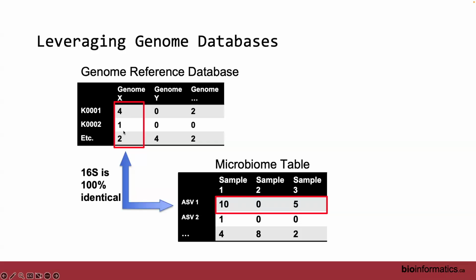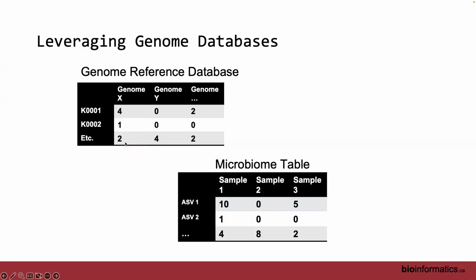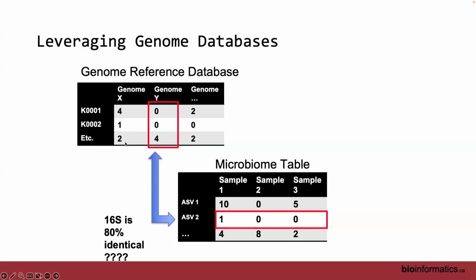Well, you could then maybe say that this ASV likely has 4 copies of this, 1 copy of this, 2, et cetera. Of course, what happens if we don't have a good representative of that in our database? Then it gets a lot harder to predict what would be in that genome, especially at something like 80%, which would be really significant.